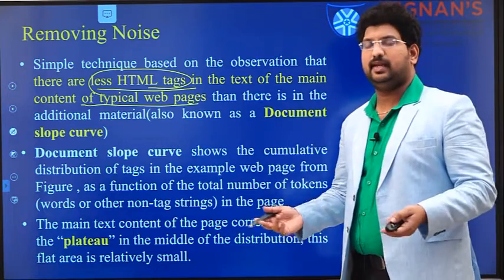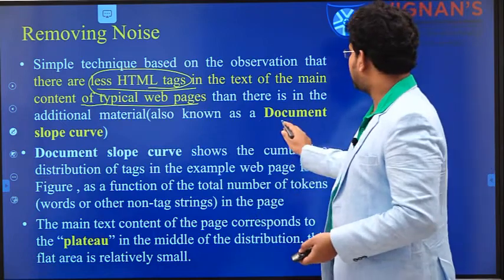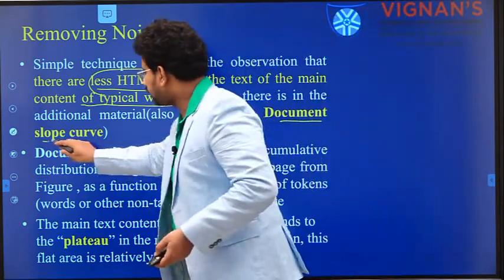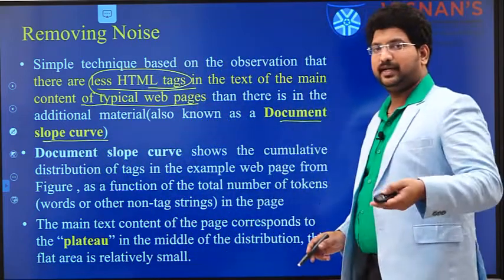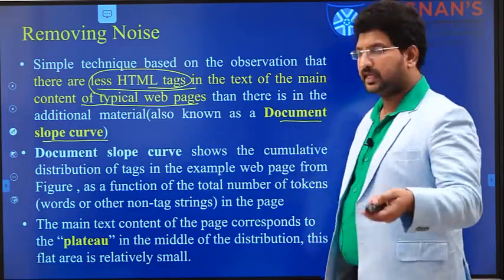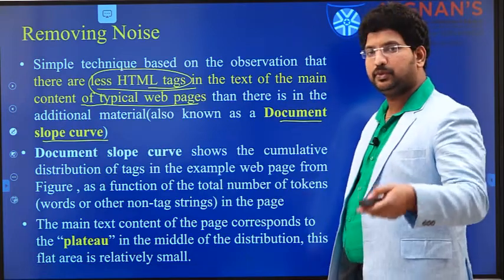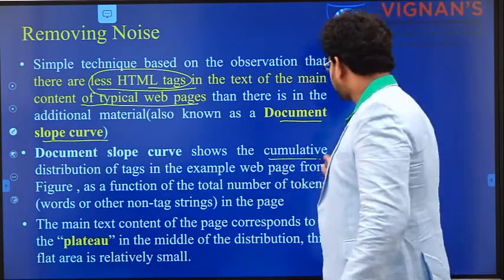The additional material is nothing but the noise. We simply call this the document slope curve. Going into some details about the document slope curve, it shows the cumulative distribution of the tags. So what is it representing?